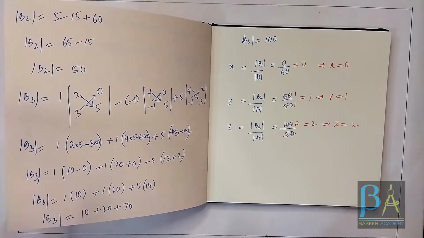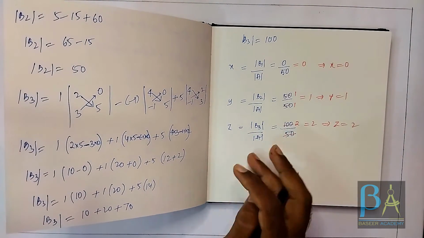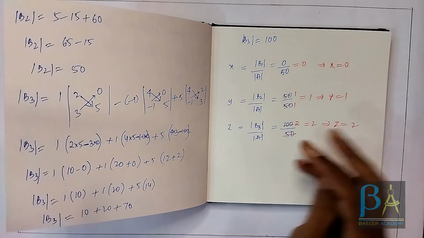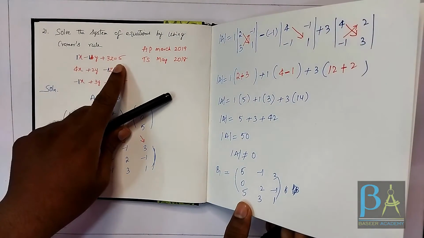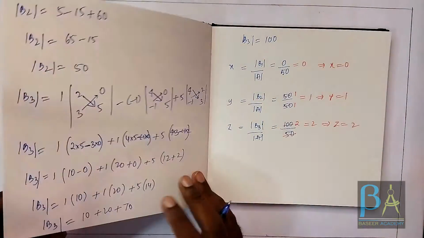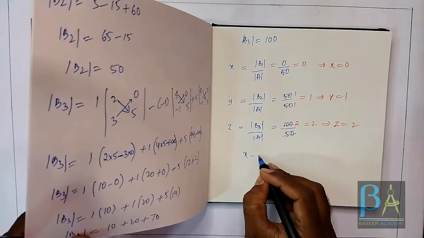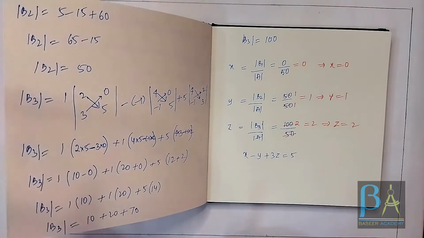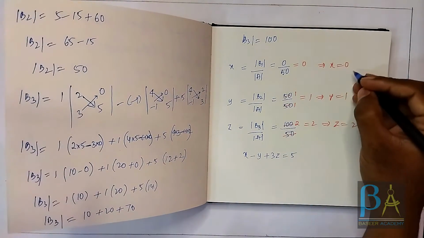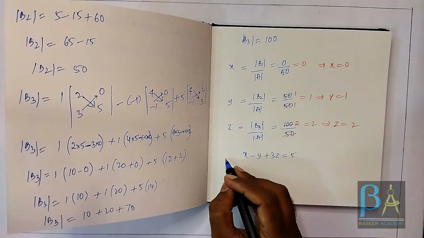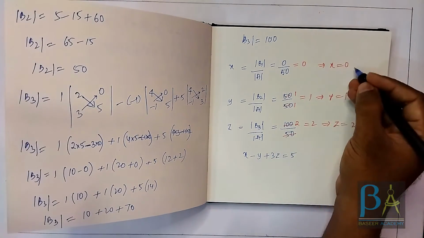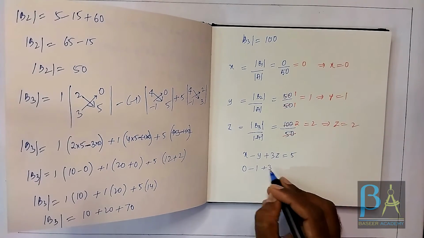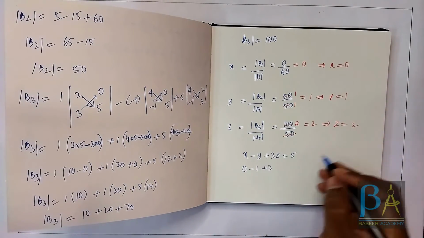This is not required, but in case you want to be double sure, you can substitute the values in any one of the equations just to be sure for yourself. So I'm picking the first equation here, x minus y plus 3z is equal to 5, and now I'm going to substitute the values of x, y, and z. In place of x, you can substitute 0. In place of y, let us substitute 1. And in place of z, let me substitute 2 here.